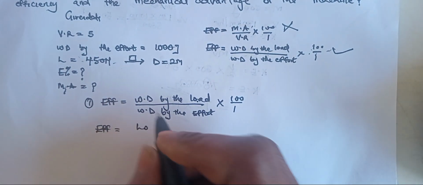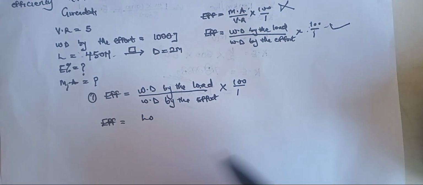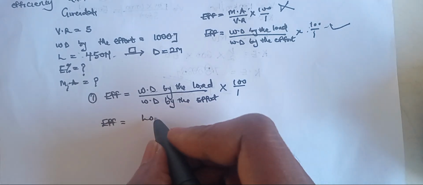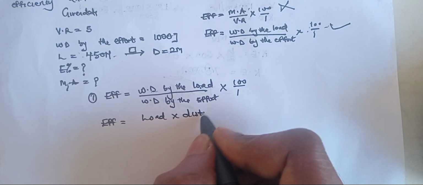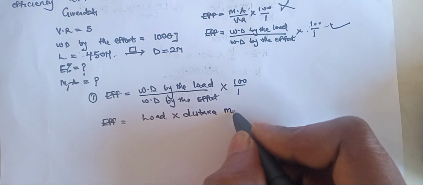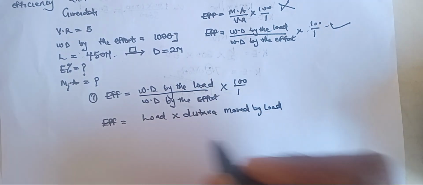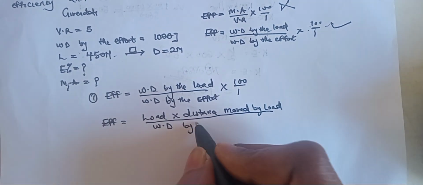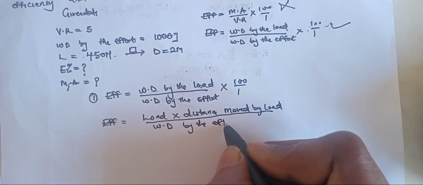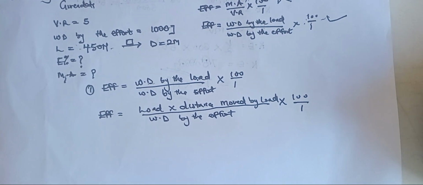From our basic knowledge, work done is force times distance. So work done by the load is load multiplied by the distance moved by the load, upon work done by the effort, multiplied by 100 upon 1.